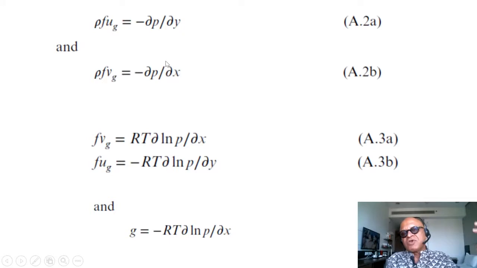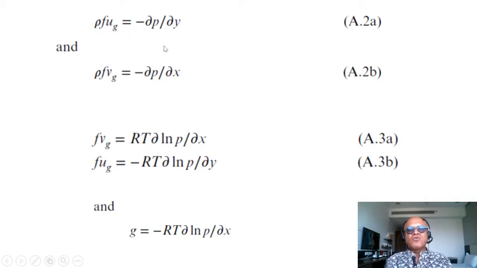Okay, what are we going to do? We are going to take P as rho RT, because air is an ideal gas, and so we are going to replace the rho and P relation with the ideal gas law. We are going to convert these into RT times del ln P over dx.